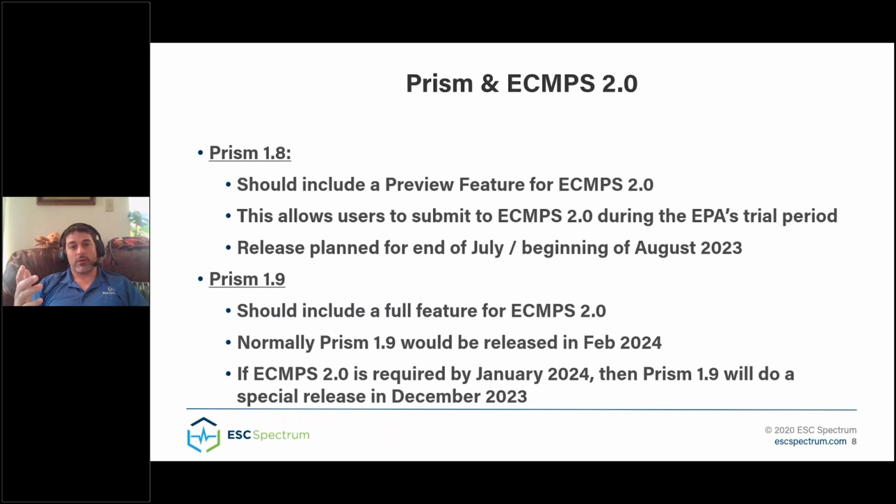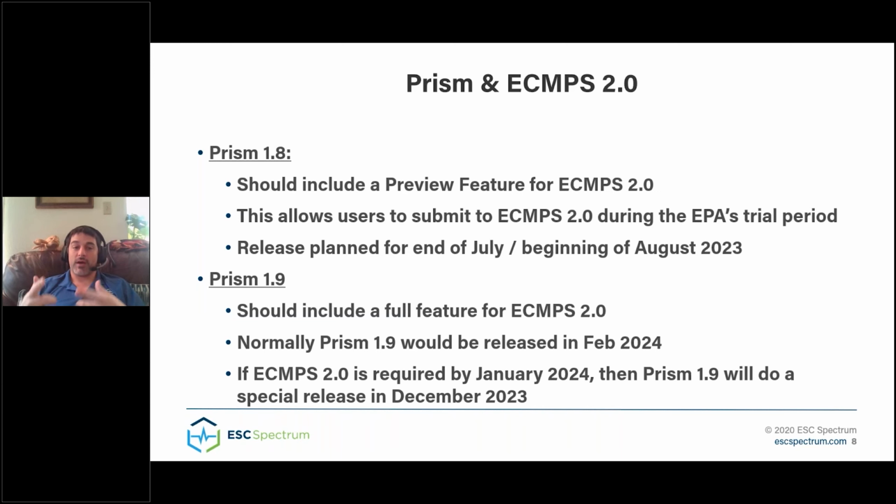If you're not familiar, Prism offers preview features, which means you can just turn on a setting and see some of the beta features that we want to get out there, but they're not quite ready for full prime time, and people can try them. So Prism 1.8 will include a preview feature which will allow you to submit to ECMPS 2.0 during the EPA's trial period for that. As I mentioned, we're planning on releasing that at the end of July, beginning of August 2023.